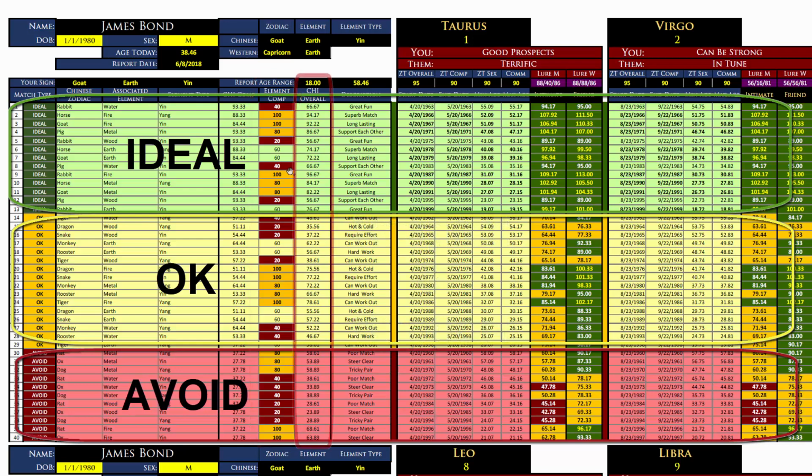And then the third number here is the Chinese overall compatibility, taking into account the first 2 numbers. Of course, then is the description, that is the Chinese zodiac compatibility descriptor. So this describes the relationship from James Bond's perspective and in the eyes of the person being compared, or that James Bond would be comparing himself to on the right side.